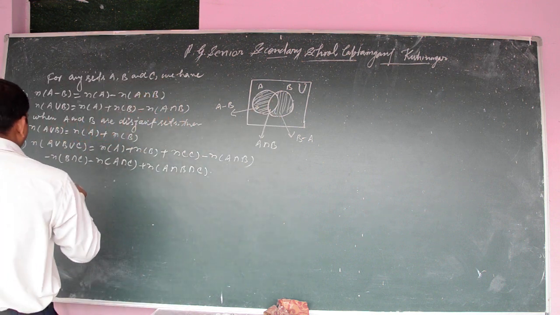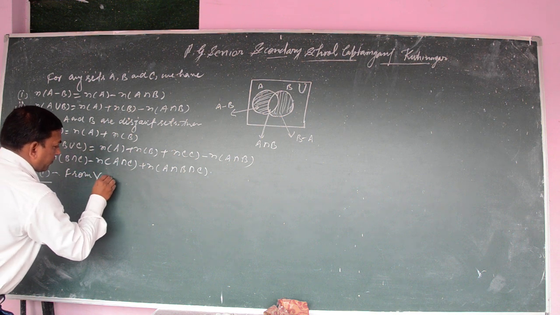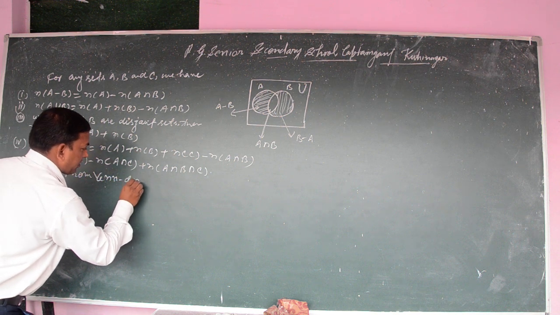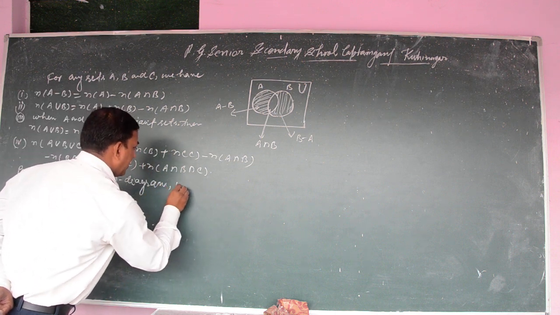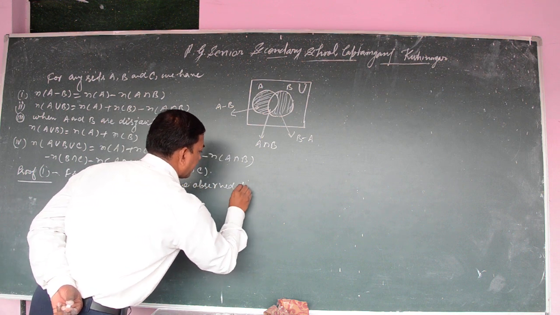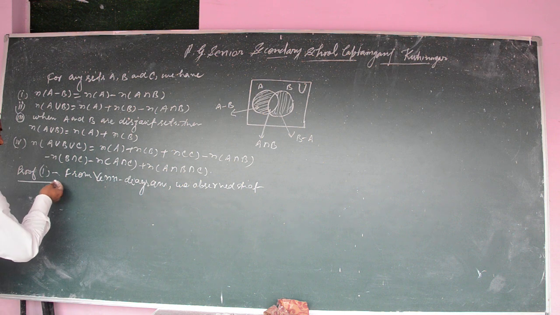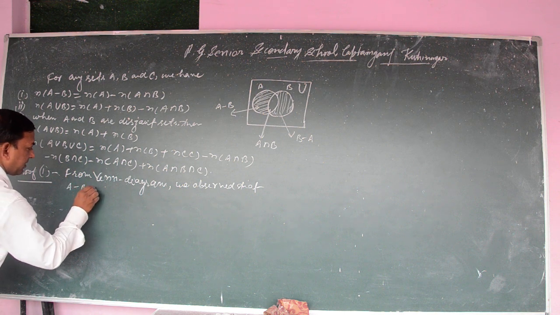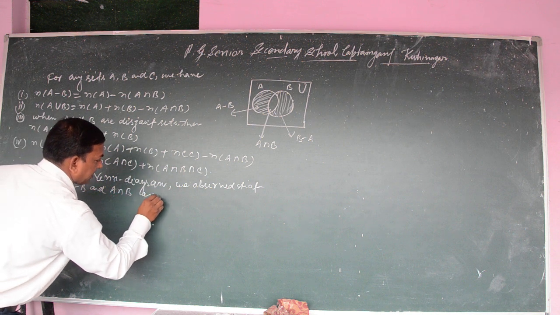Here from the Venn diagram we observe that A difference B and A intersection B are disjoint.